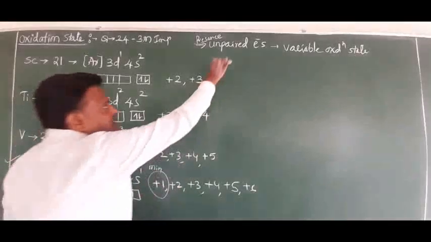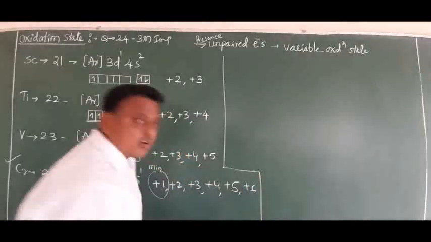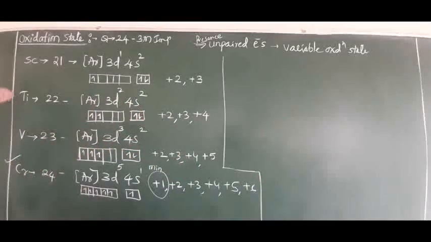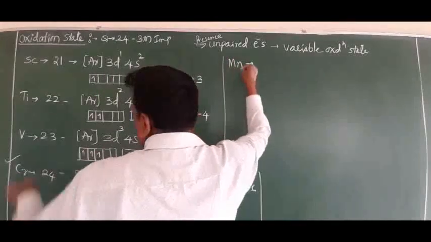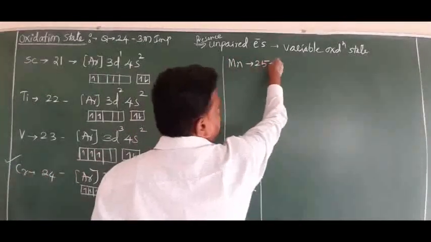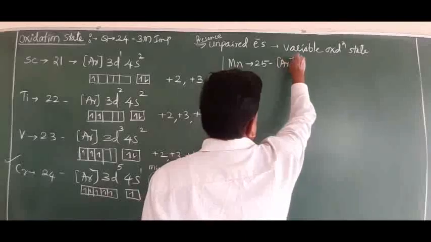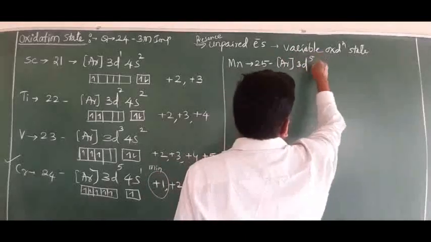Okay, so we have finished these 4 elements. What next? Manganese. Atomic number is 25. Electronic configuration: argon 3d5 and 4s2.